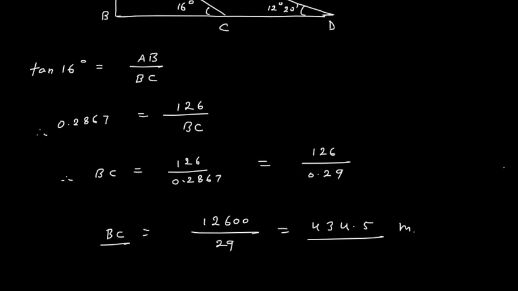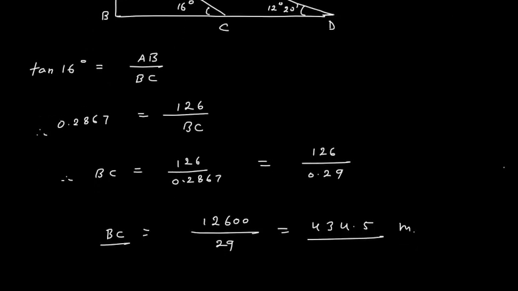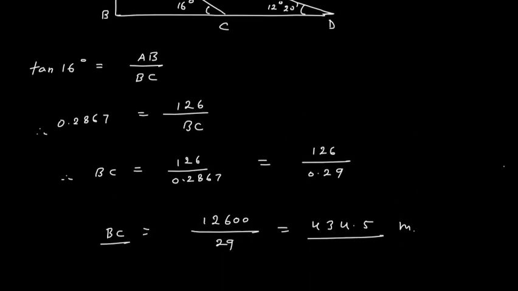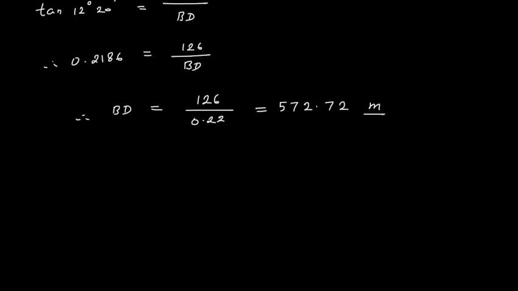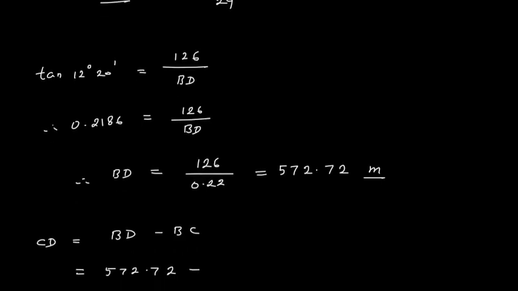Okay, so I get the value of BD, I get the value of BC. Now CD, I can say that CD is equal to BD minus BC. So BD is 572.72 minus the value of BC, which is 434.5.